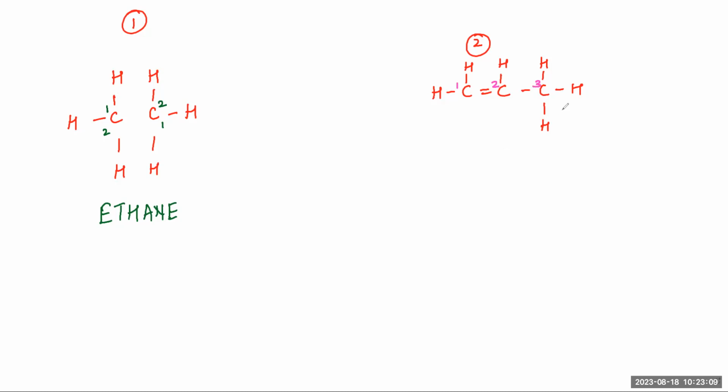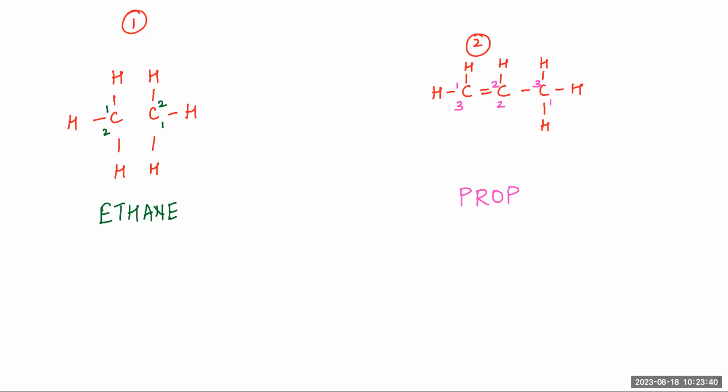And if I start with the backward numbering, it would be 1, 2, and 3. So here the total number of carbon atoms in this structure are 3. So its name should begin with a prop. So first let's name it as PROP because of the presence of 3 carbon atoms in this structure.